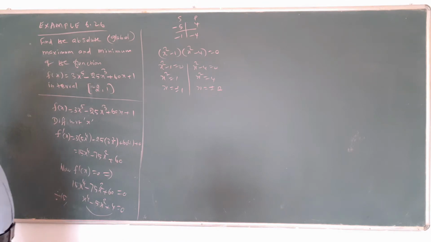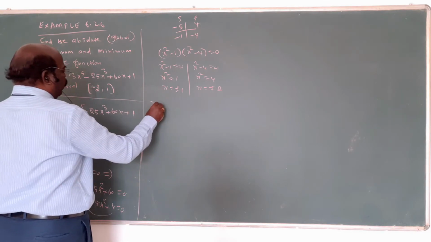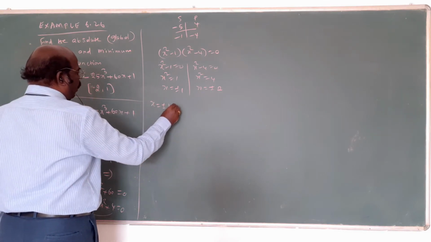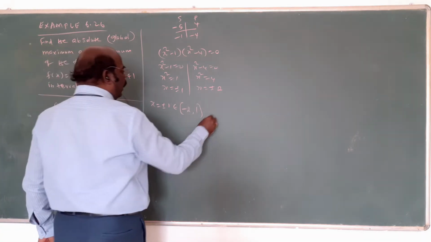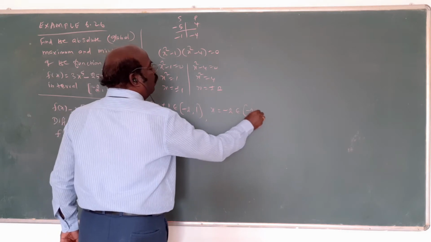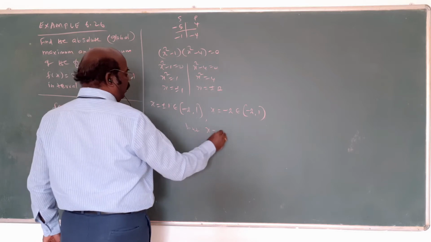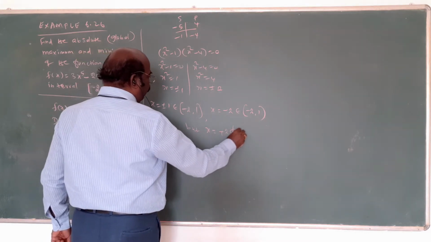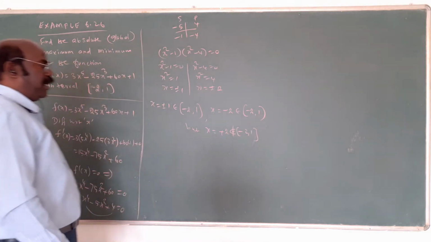Here, x equal to plus or minus 1 belongs to the interval minus 2 comma 1. Am I right? And x equal to minus 2 also belongs to minus 2 comma 1. But x equal to plus 2 does not belong to the interval.